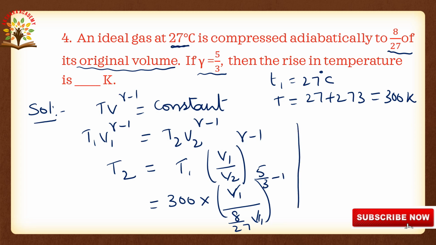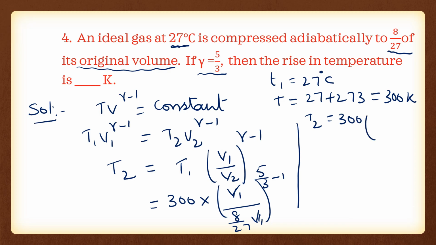So T2 is equal to 300 of, here taking a reciprocal, 27 by 8 whole to the power of, we are taking LCM, 5 minus 3, 2 by 3. So T2 is equal to 300 into 27 by 8, where 27 is nothing but 3 cube and 8 is nothing but 2 cube.